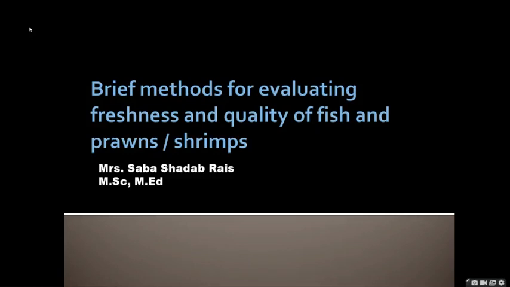After the post-rigor stage, first the texture will change. That means the fish which was very stiff will no more be stiff, and its body will become very lean, and thereafter it will start producing changes in the taste.